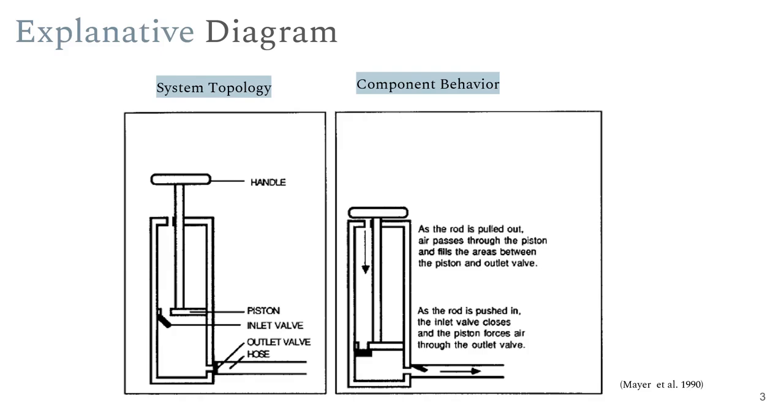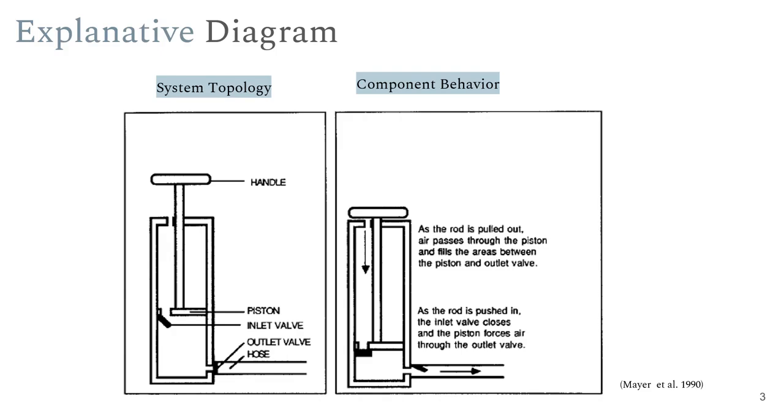One is system topology and the other is component behavior. System topology refers to the portrayal of each major component within the structure of a scientific system, and component behavior refers to the portrayal of each major state that each component can be in and the relation between a state change in one component and state changes in other components.